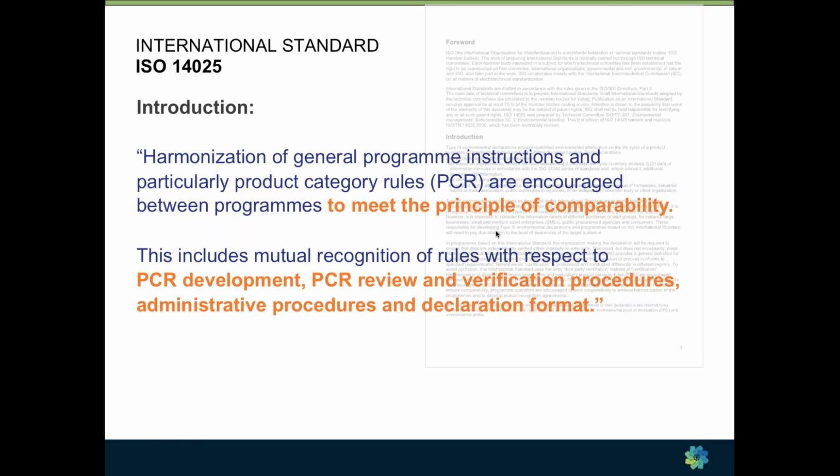So that means the intent of 14025 was for PCR programs to be similar and harmonized, foreseeing the complexity and problems if they are not. And again, going further to say mutual recognition of rules. If we're not going to have one technical program, then at least let's see if we can adopt and use other people's rules and keep things happening pretty smoothly.